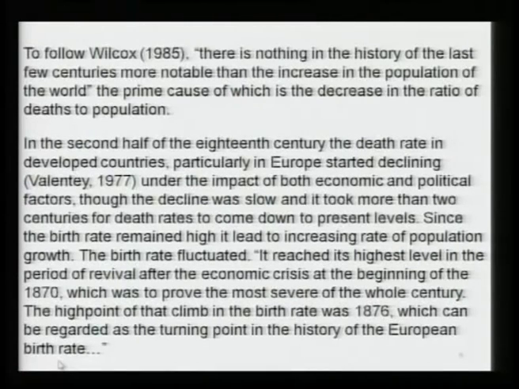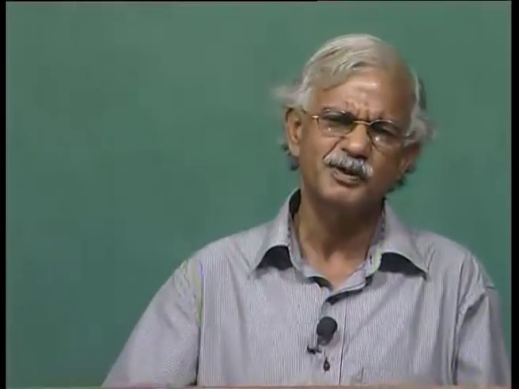The high point of that climb in the birth rate was 1876, which can be regarded as the turning point in the history of the European birth rate. But these fluctuations in birth rate can be ignored when looking at the overall growth rate of population, because fluctuations in birth rates were never as significant as the fluctuations in the death rate.